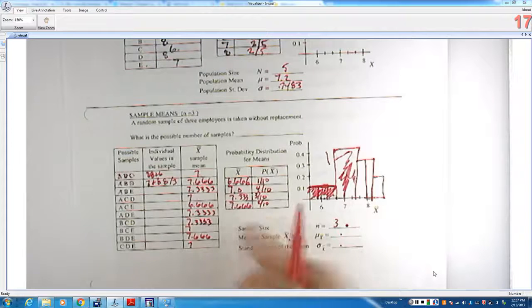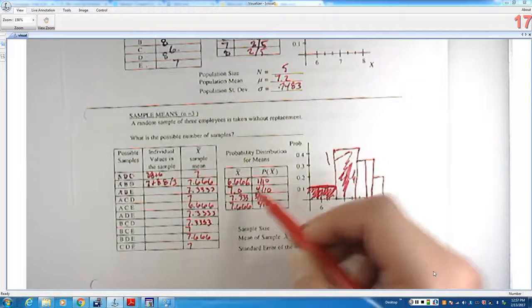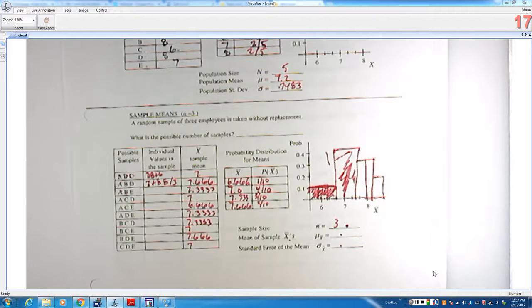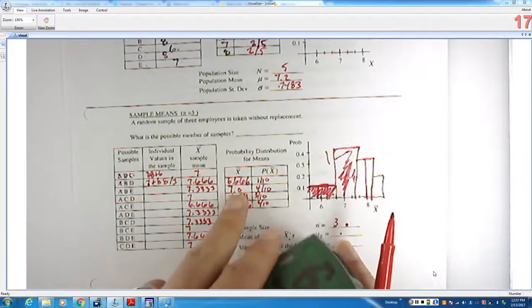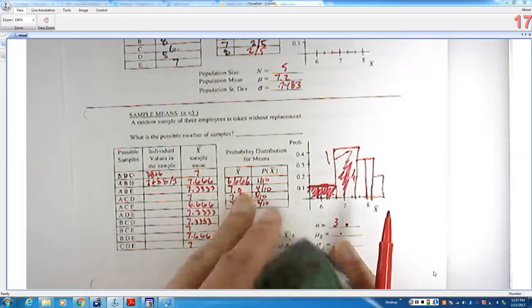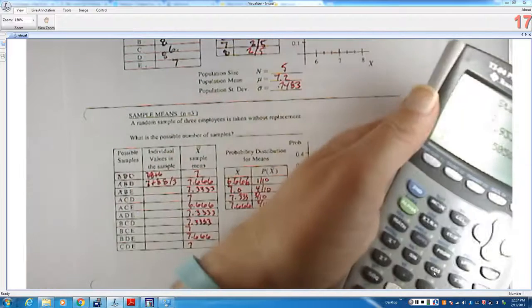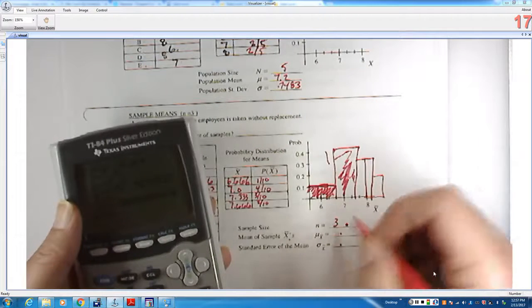For all those means. These are the sample means. So we found our probability distribution for all the sample means. And now we can find the mean of the sample means. And that was 7.2, right?